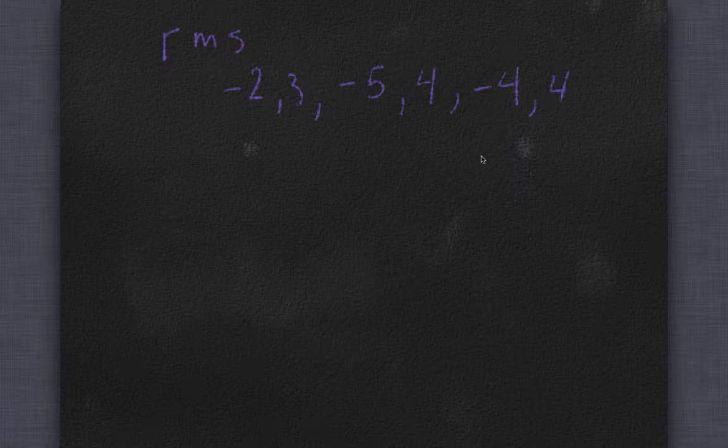So then basically if you have numbers like these, they would average to 0, but so would negative 200, 300, negative 500, 400, negative 400, 400. So the RMS average takes the magnitude of everything so that you square it first.